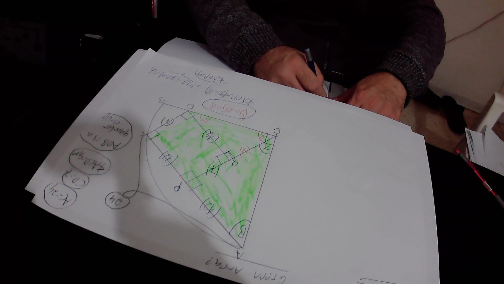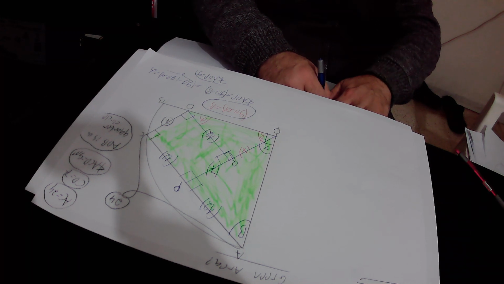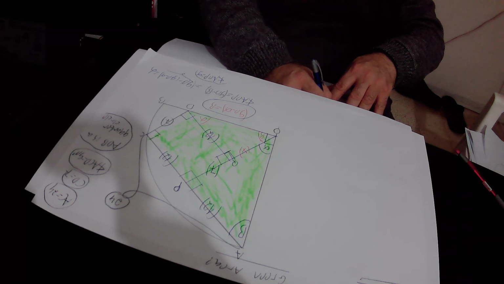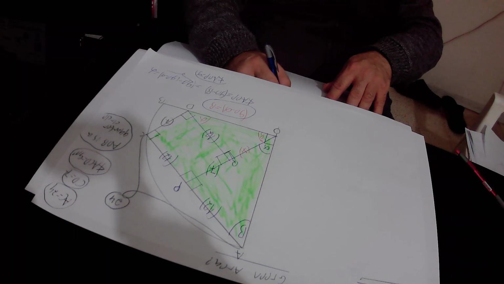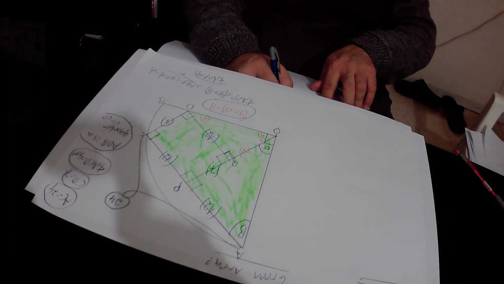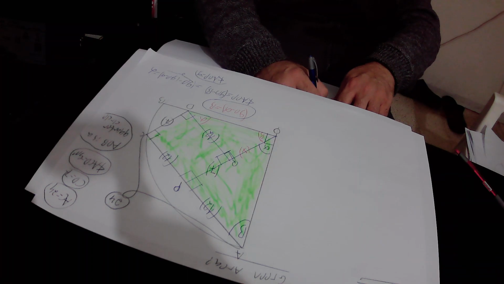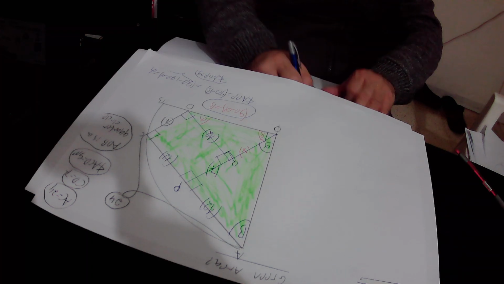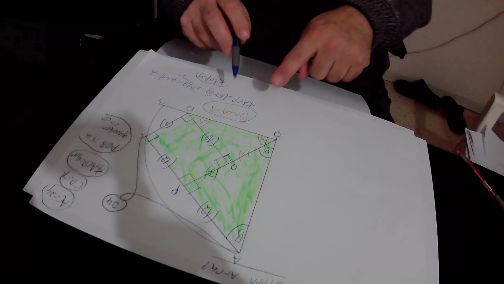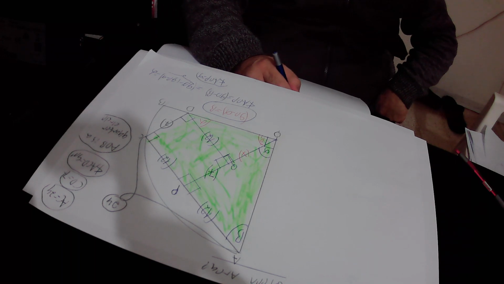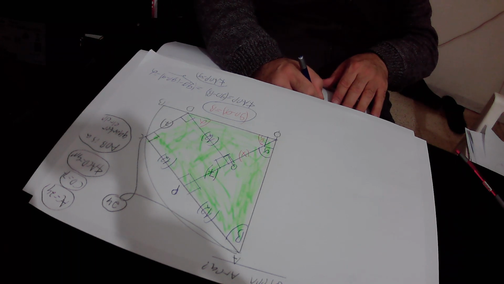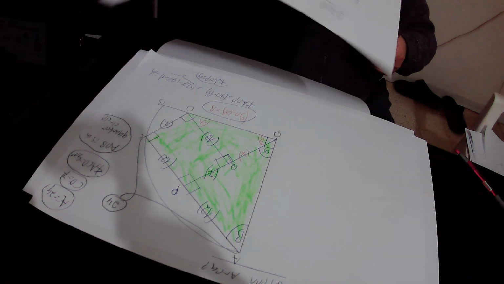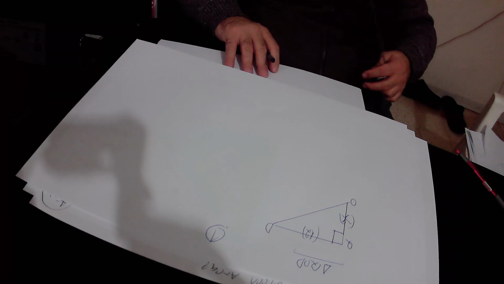OQ equals x according to our definition. And QD equals 12 units. So actually, this is the right triangle QOD that I copied from the original drawing.